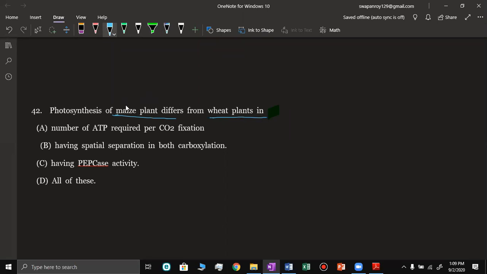We have already learned that maize plant is a C4 plant, and the wheat plant is a C3 plant. So you can say it is the difference between the photosynthesis of C3 and C4 in another way.